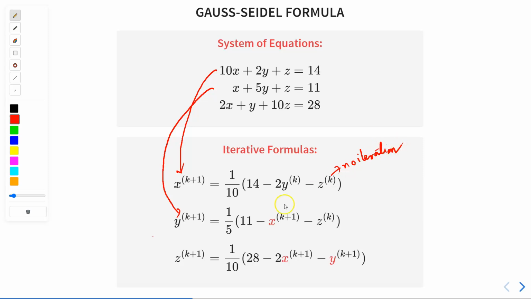And from the third equation, we get z is equal to 1 by 10 times (28 minus 2x minus y). We also know that x0, the initial guess, is 0, y0 is 0 and z0 is 0. So using that, we will do the iteration.